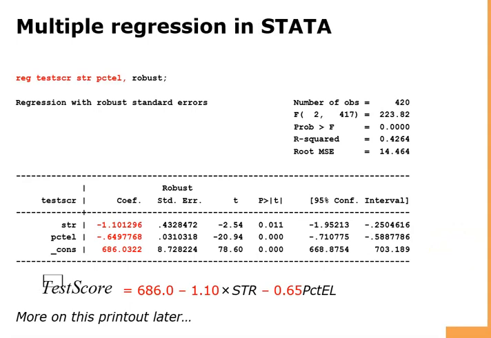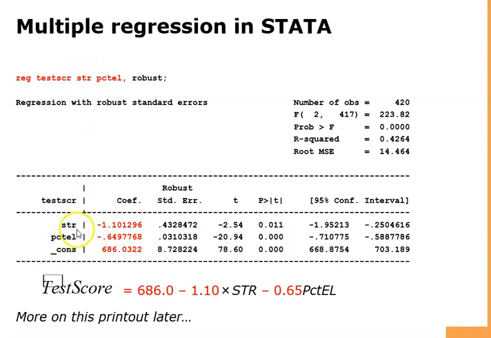As I pointed out earlier, we don't need to calculate the coefficients by hand, because the STATA software that we are using for this course will do that for us. Simply add the variable PCTEL to the existing regression equation, and that gives us the coefficient of PCTEL as well.